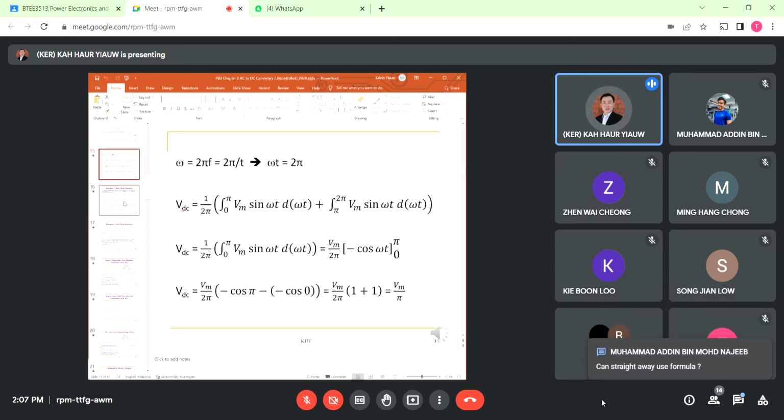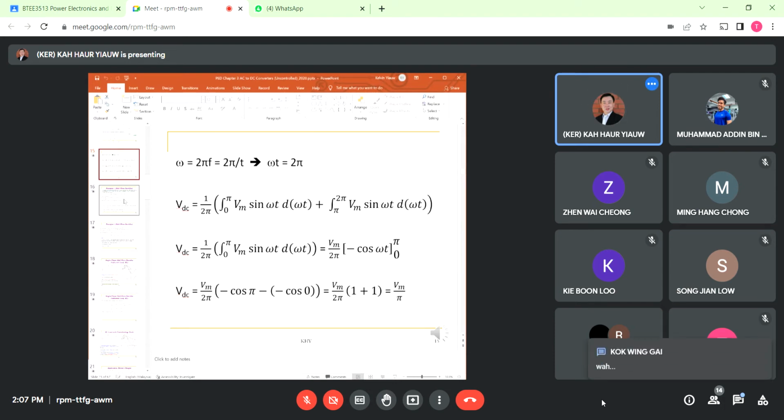It depends on the question. You can straight away use the formula to calculate if I'm not asking you to derive. Some questions ask you to derive VDC or VMS for a given system, for example, for half wave or full wave or semi-converter. So you need to derive first.